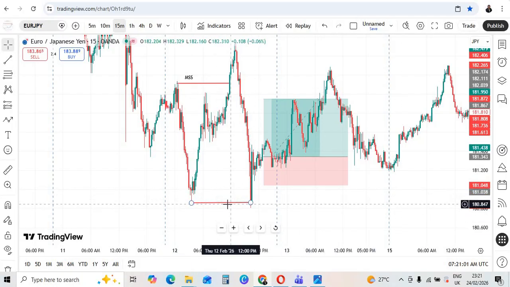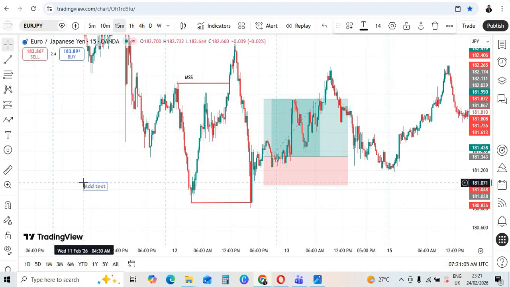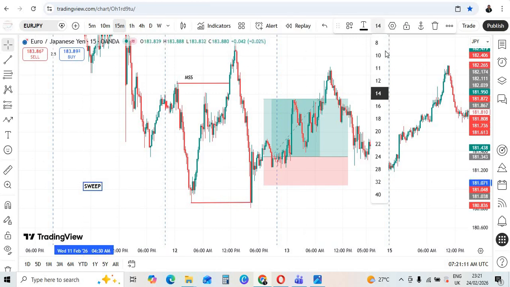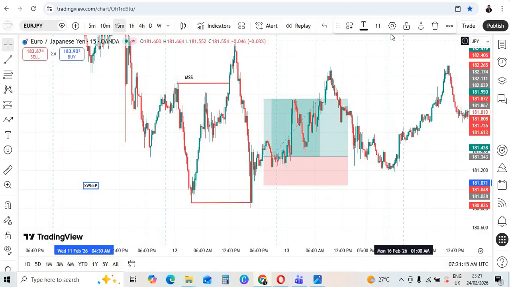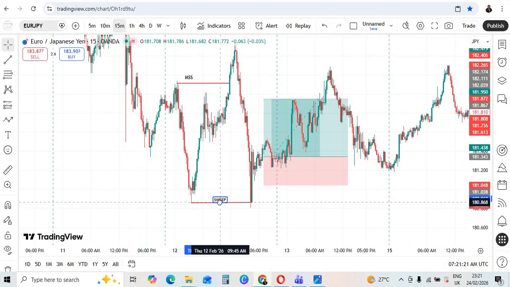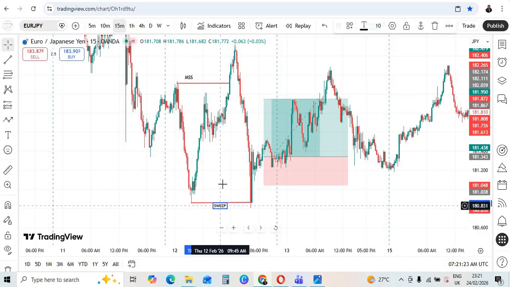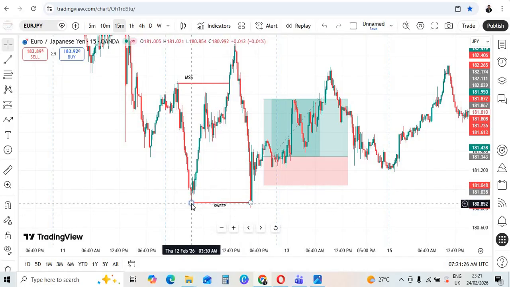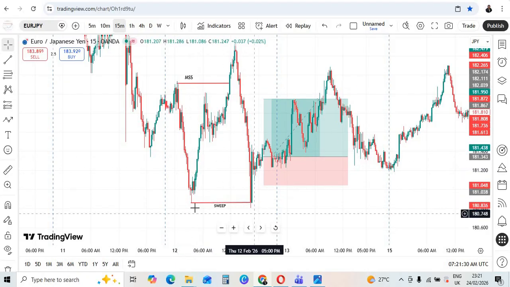This is a sweep of this last low here. This was the last low.